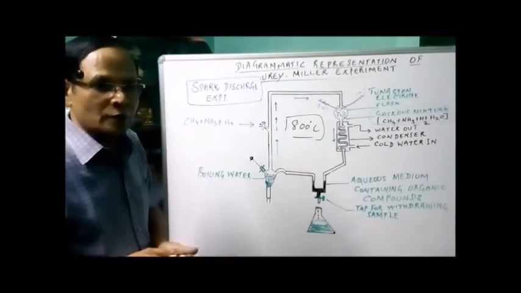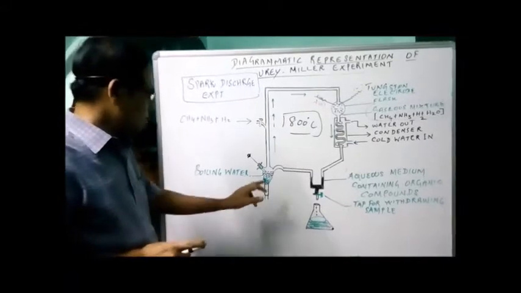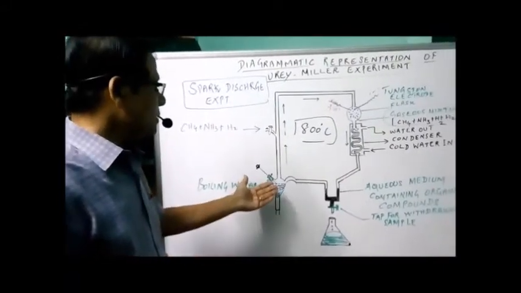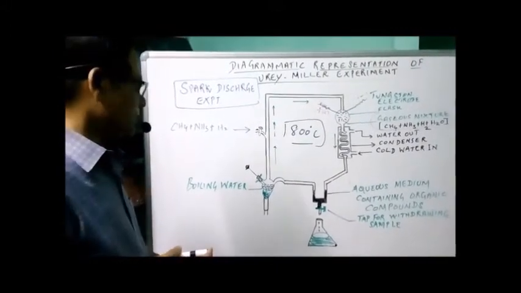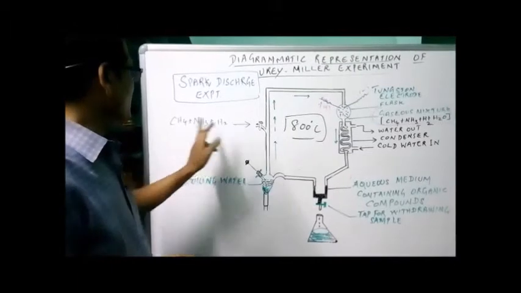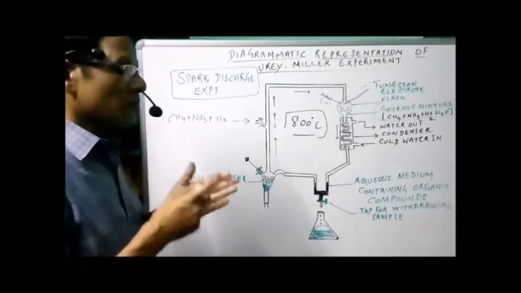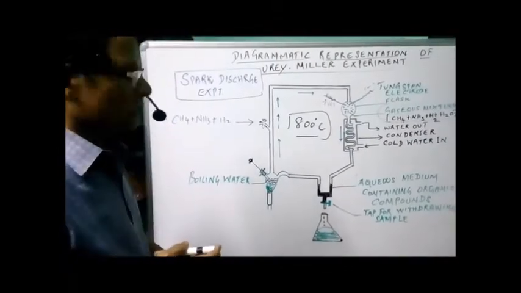We also need water vapor. For that, a small flask containing water was kept boiling, so it emanated water steam. The water steam, methane, ammonia and hydrogen mixed together and passed over the tungsten electrodes.